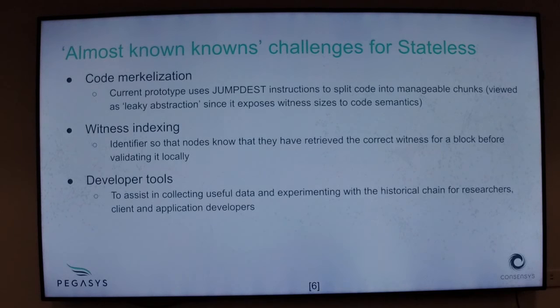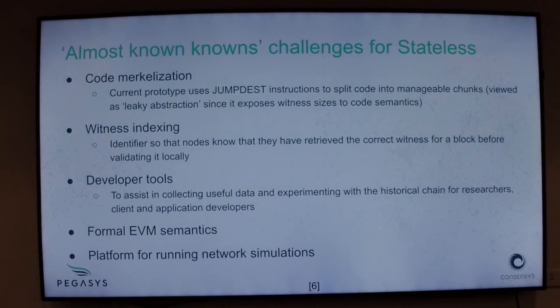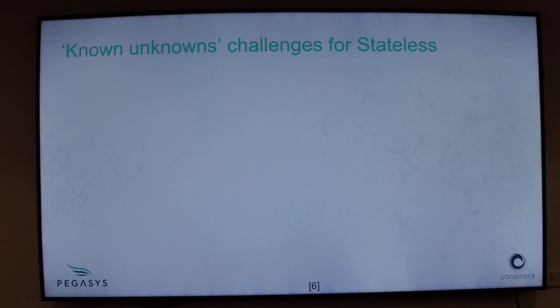Developer tools are always helpful, because they're saying at the moment there's nothing really available. The output you see in reports and Medium posts is not easy to reproduce. And then formal EVM semantics, and a platform for running network simulations.